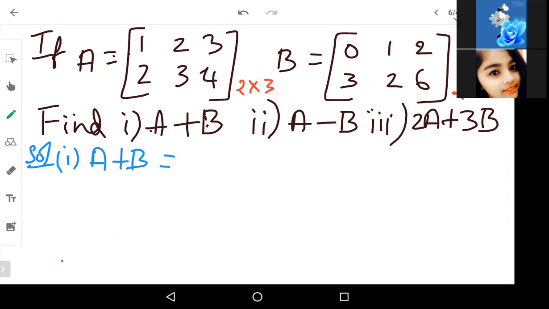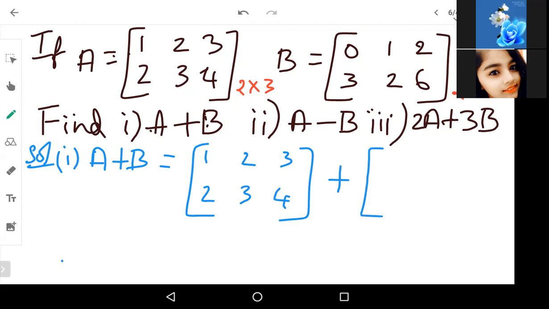So A plus B, write down the matrix of A. 1, 2, 3, 2, 3, 4. Plus, write down the matrix of B. 0, 1, 2, 3, 2, 6. Okay. Now the next step is you are supposed to add the corresponding values.